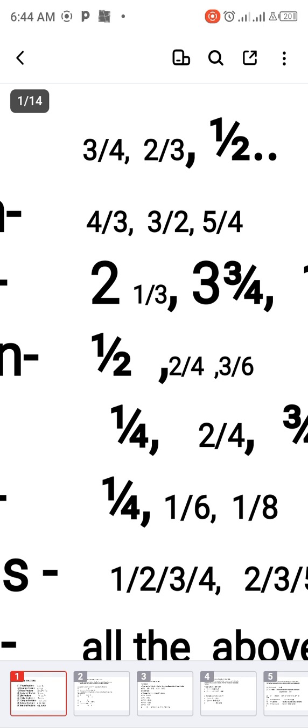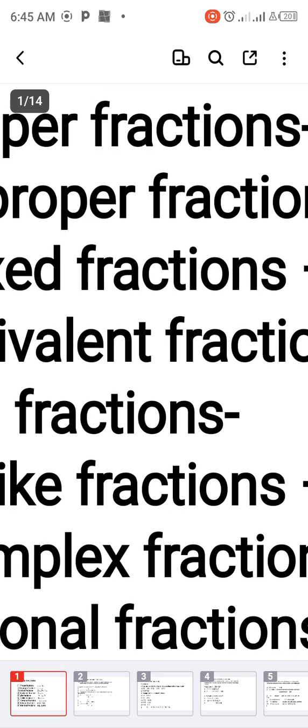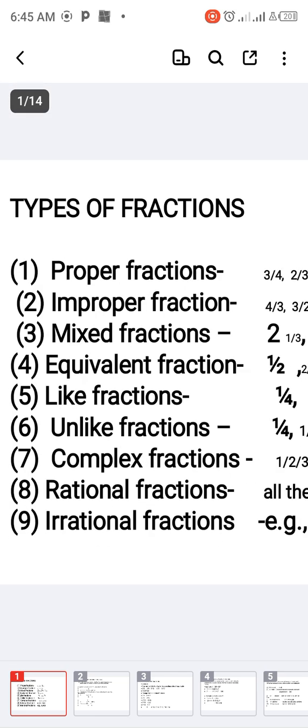Likewise, 3 over 6 is not the same as 1 over 2. But when 3 over 6 is reduced, it becomes 1 over 2. So fractions that are not the same but are the same in value are known as what? Equivalent fractions.